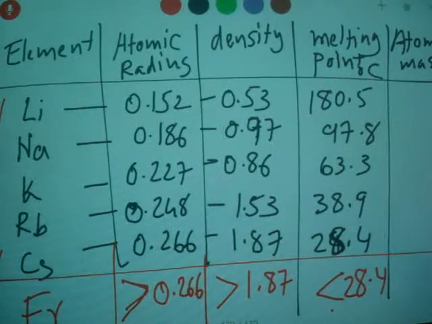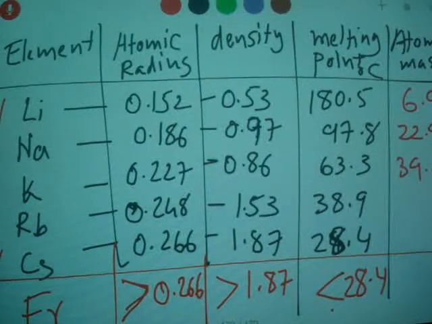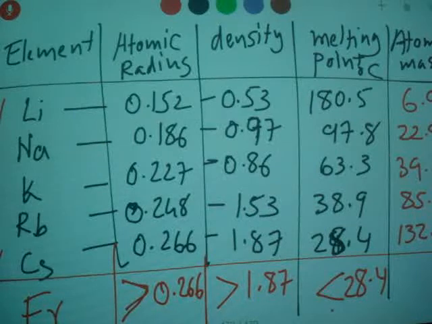And atomic mass, looking at the periodic table, 6.94, 22.99, 39.10, 85.47, and 132.91. So based on this, we can predict that. Okay? So you can predict what's there. If we know the trends, then we can definitely predict.